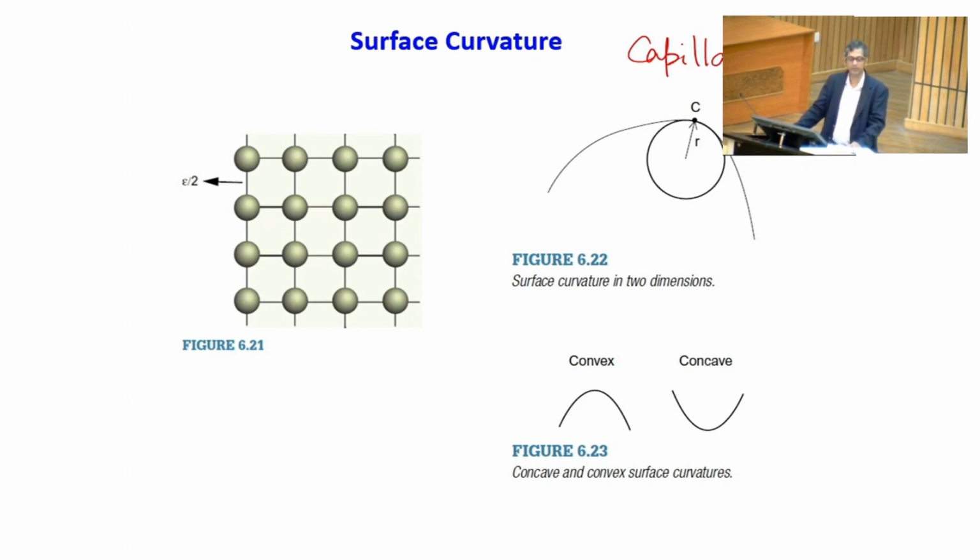So we are talking about two-dimensional curves, and in this figure you see I have shown you a curve like this, and then I have drawn a circle with radius r touching the curve at point C. That means we can define the curvature by a term, k, known as 1 by r. Okay, this is r.